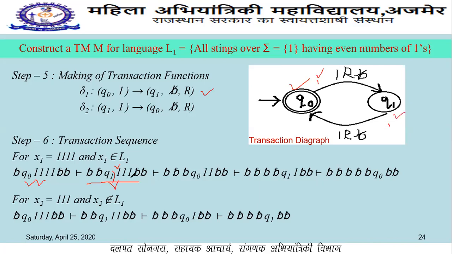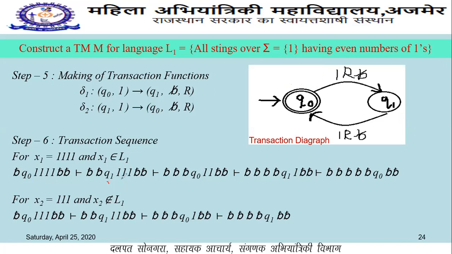Okay, so corresponding to this situation, we have to change to the new state, because next time we will read the odd number of ones, so the state should be changed. So q1 to q0 and move to the right hand side.